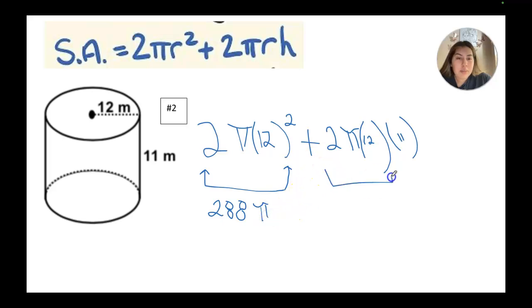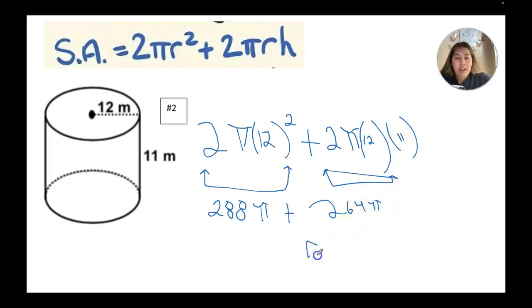Now we're going to solve this part of the equation. 2 times 12 times 11, which is 264 pi. So we're going to do 288 pi plus 264 pi, which is what we got from my calculator. Now we add 288 plus 264, which is 552.